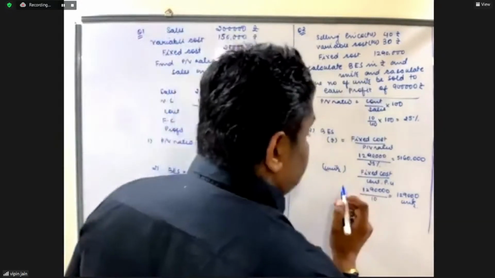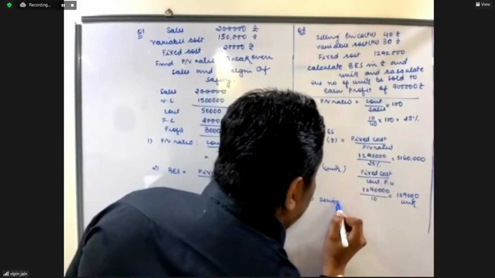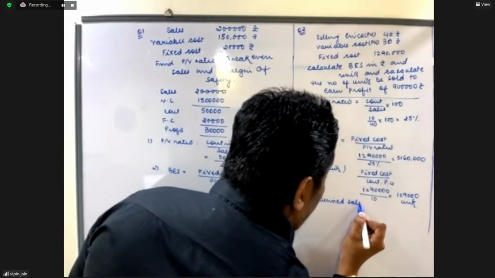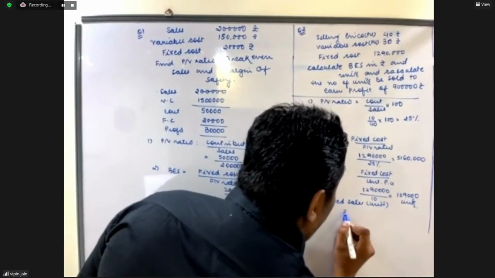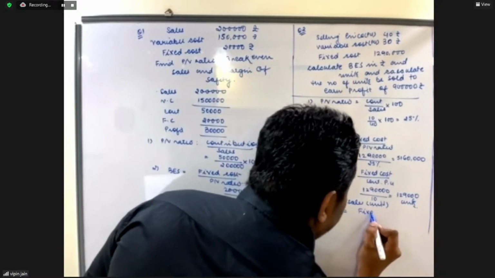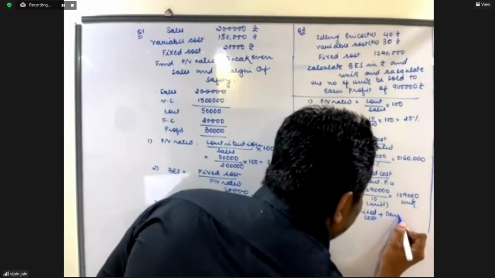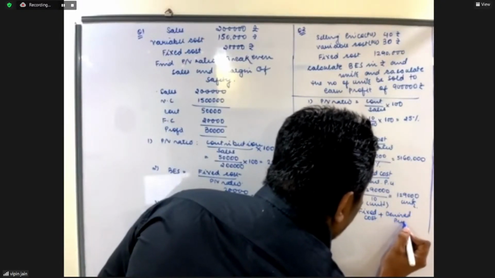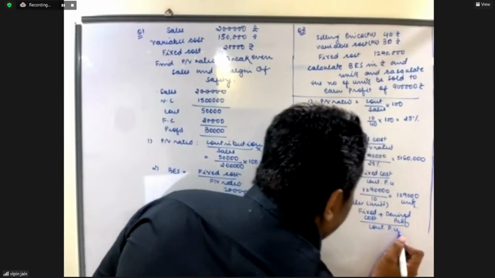Further, when talking about desired sales in units, again the formula is fixed cost plus desired profit divided by contribution per unit.